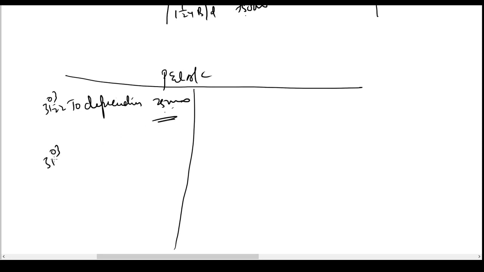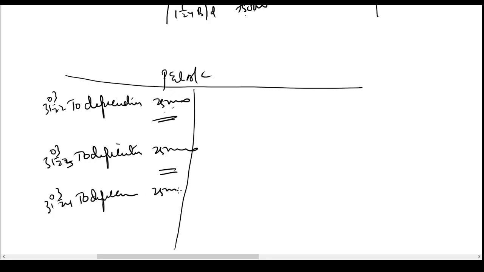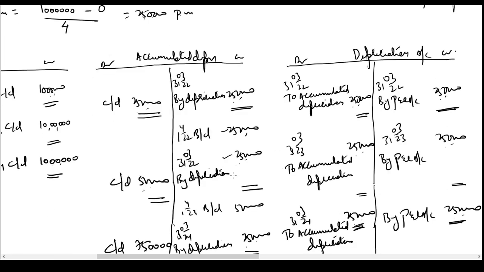On 31st March 23, to depreciation 2,50,000. 31st March 24, to depreciation 2,50,000. 31st March 25, to depreciation 2,50,000. So the P&L account, the impact will be the same every year.